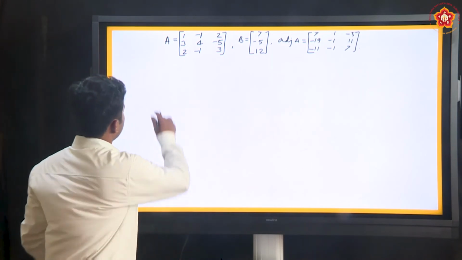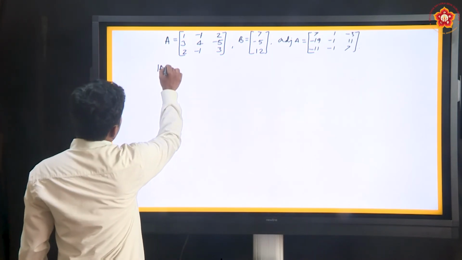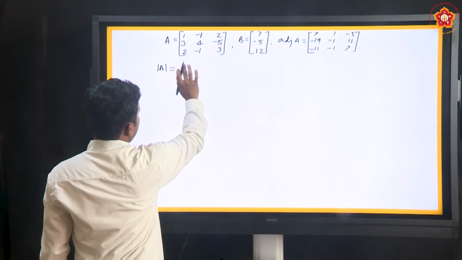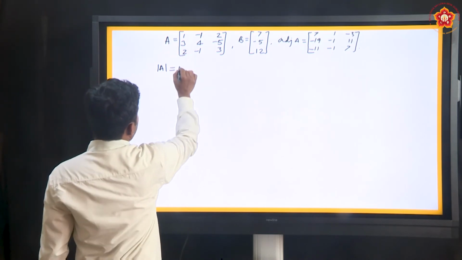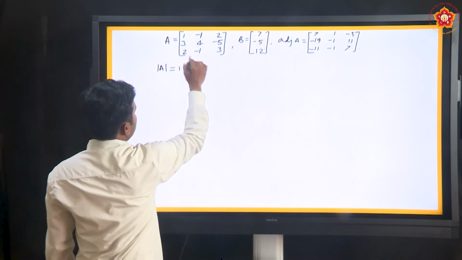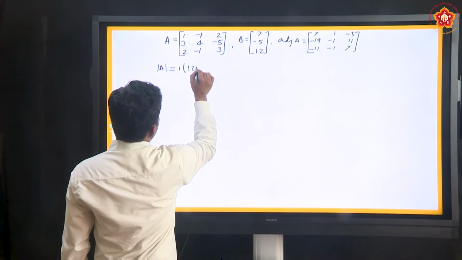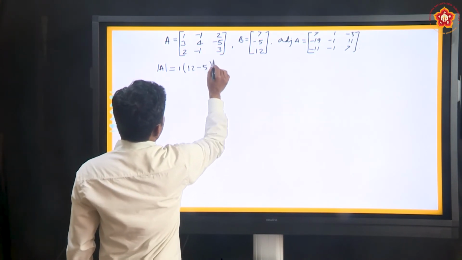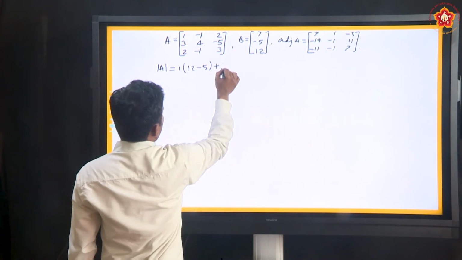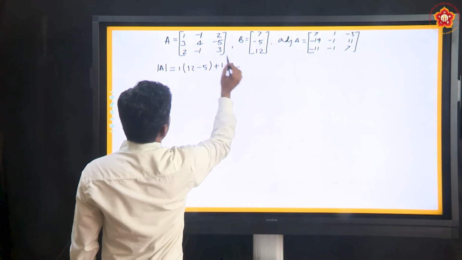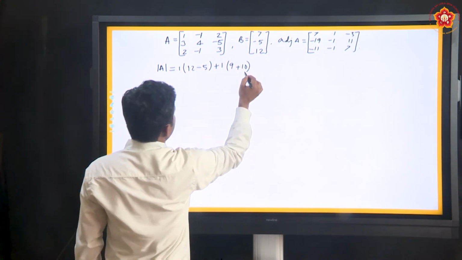Now, we can find the determinant of A. What is the determinant of A? You can take the determinant and expand it along the first row. That is 1 into, delete the first row, first column, 4 into 3 minus, minus 5 into minus 1 is 5. Okay. Minus of minus 1 becomes plus 1 into 3 into 3, minus of minus, it becomes plus 19.